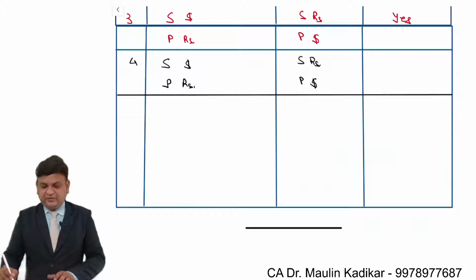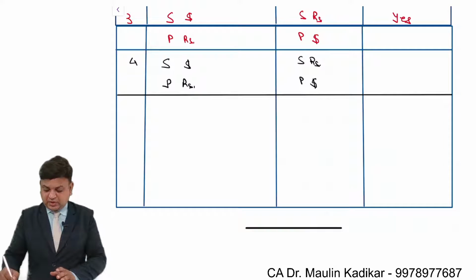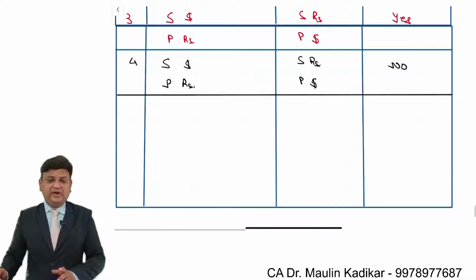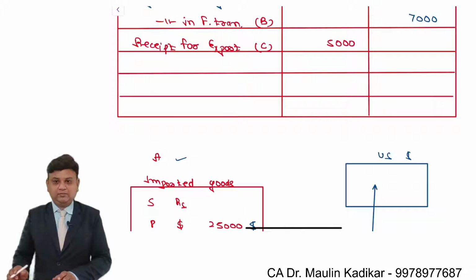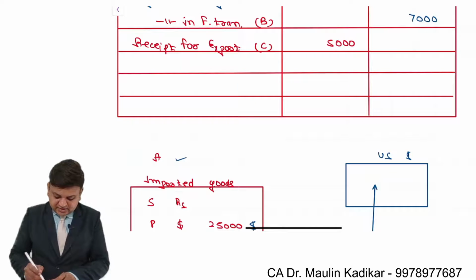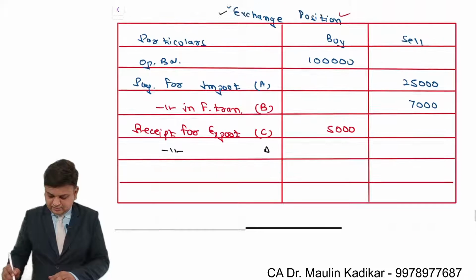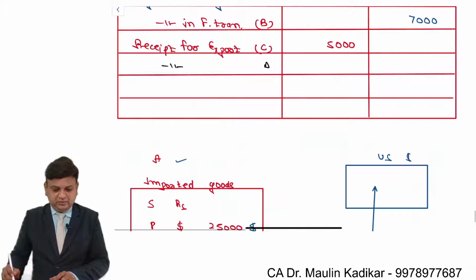Will it have an impact in the Nostro account? Answer is no. Why no? Because the forward contract is required to be entered upon. So next is the receipt for export, an amount of 10,000.